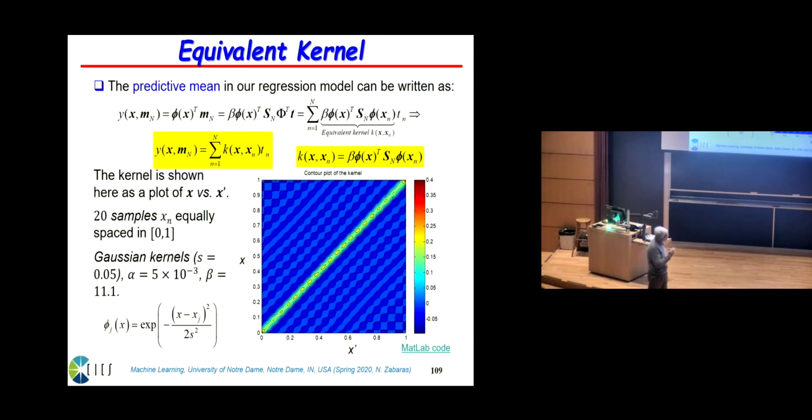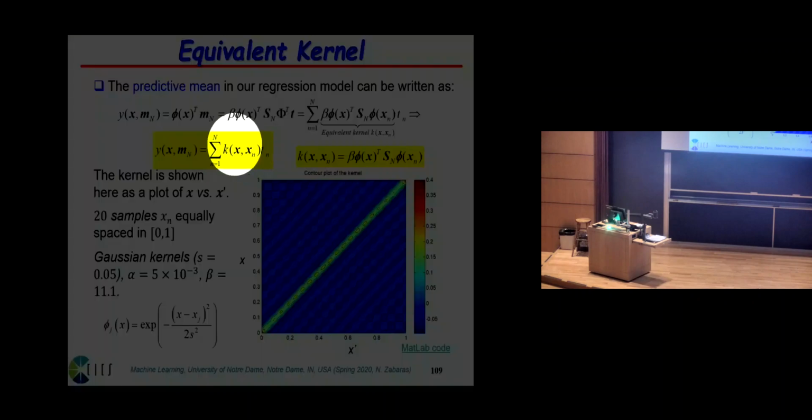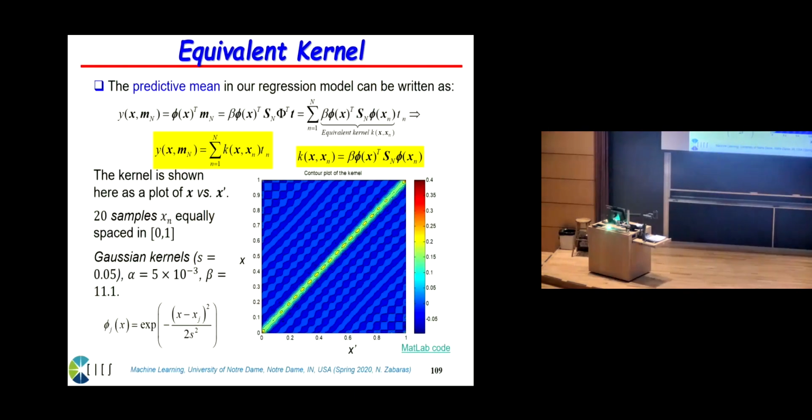I want you to look at that equation and tell me what it tells you. To do predictions at x, what do you need to do? Look at this very simple equation. Remember, the tn are my training data, my function estimates at points xn.